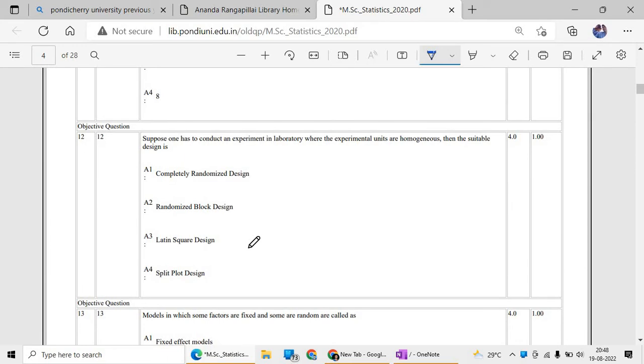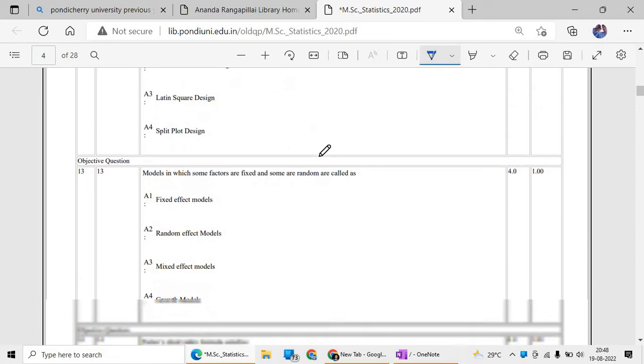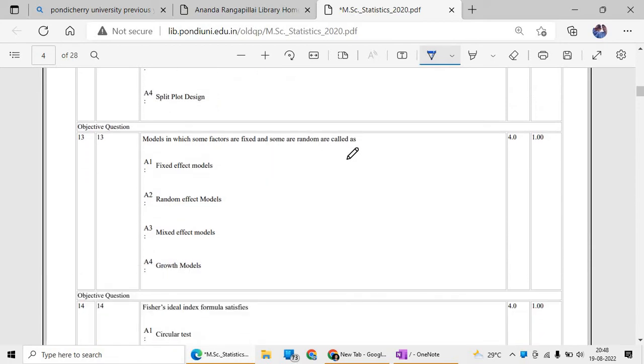Mathematical questions. Suppose that we conduct an experiment in a laboratory where the units are homogeneous, then we can use CRD. A model which has some factors fixed and some random, if both fixed and random are there, then we say that it is a mixed effect model.